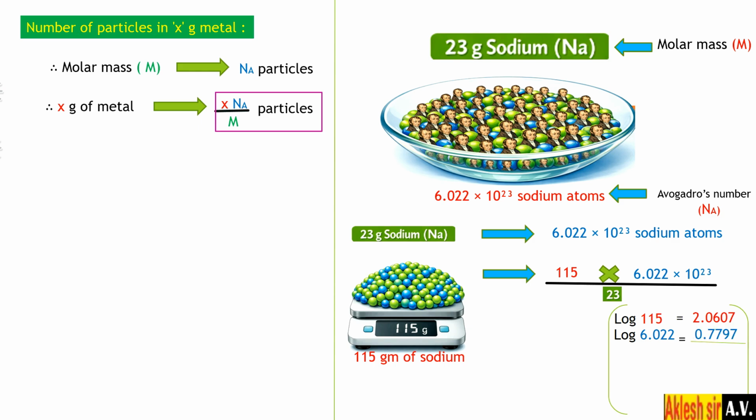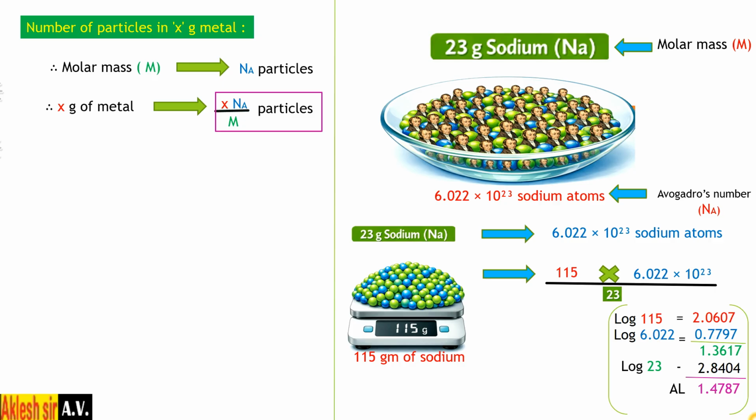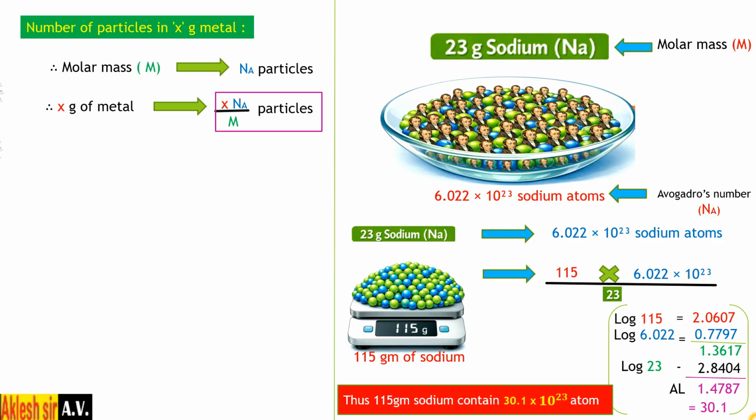On addition it is 2.8404. Now log 23 is 1.3617. On subtracting from 2.8404, we get 1.4787. The antilog of 1.4787 is 30.1. Thus 115 grams of sodium contains 30.1 x 10 raised to 23 atoms.